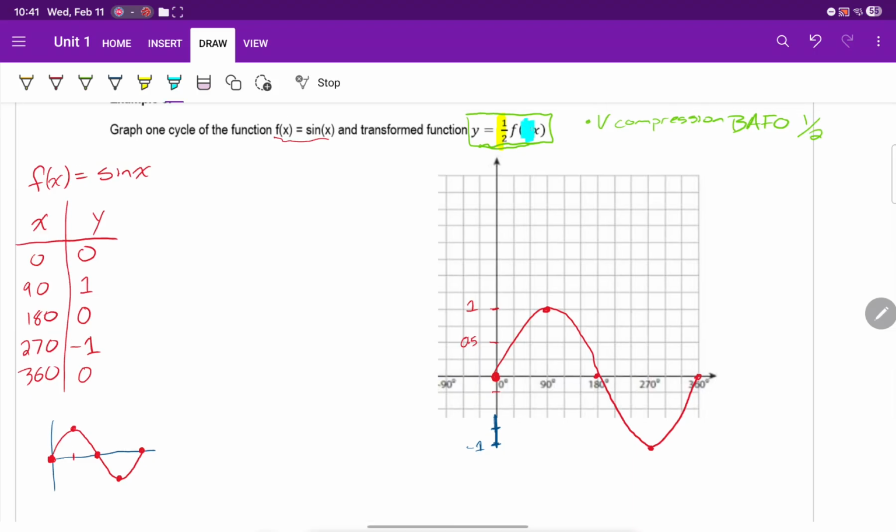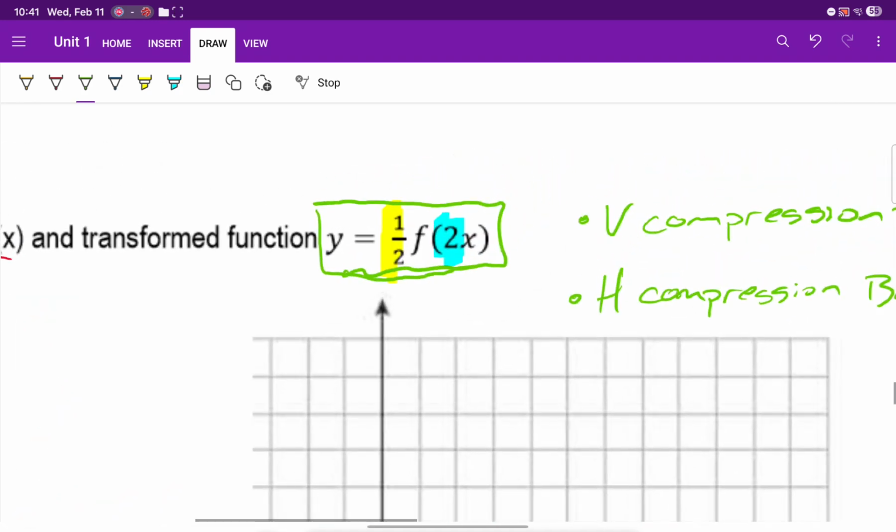My second one here, this 2, is going to be a horizontal compression by a factor of 1 over 2. Okay, now how do these apply in my mapping notation? Well, I'm going to zoom in a little bit here.